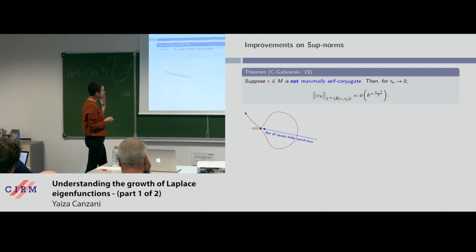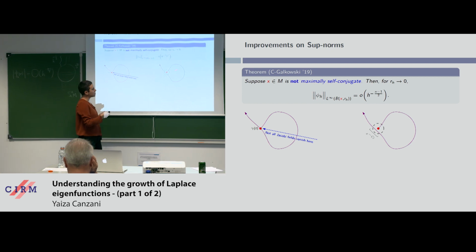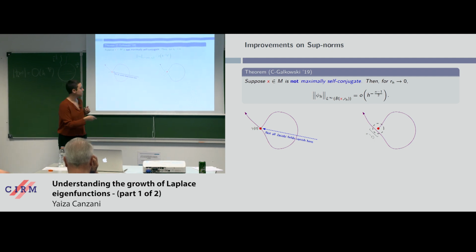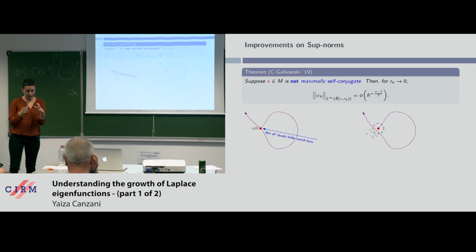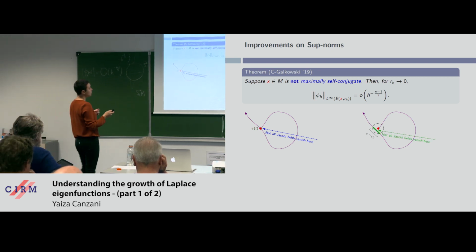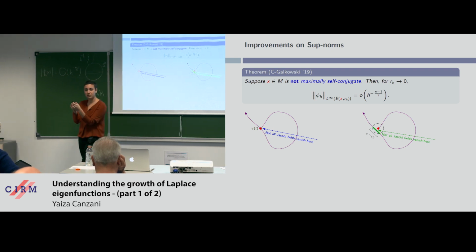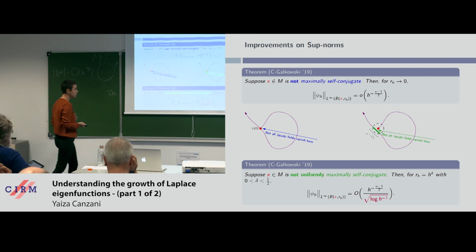If you ask for something slightly stronger than this, instead of looking at the geodesics that actually come back through the point x at time t, you look at those that get exponentially close, e to the minus constant times t. If I come exponentially close to the point x, and you ask that not all the Jacobi fields vanish in that tiny segment near your point, then we can get the logarithmic improvement.